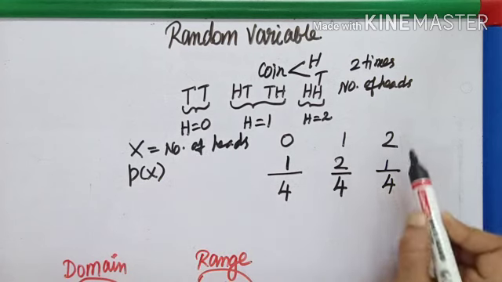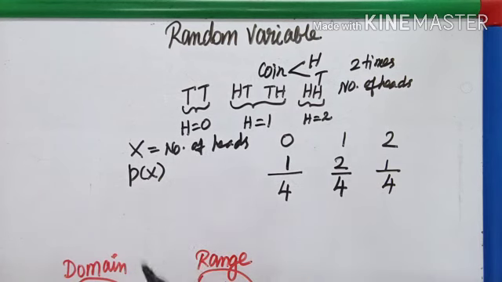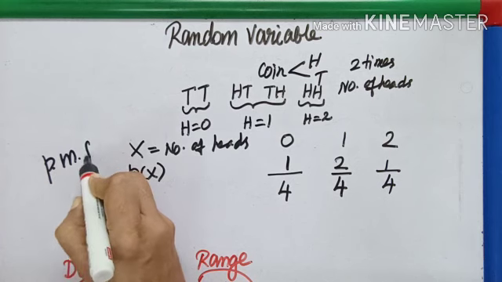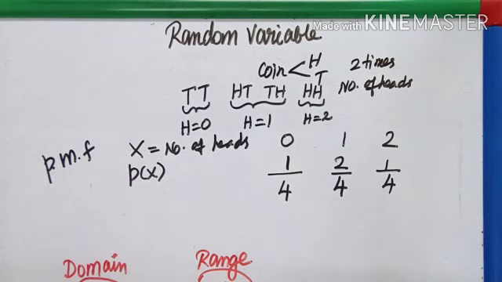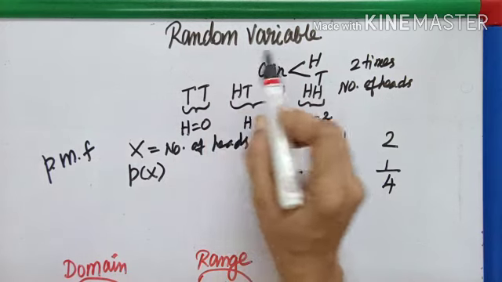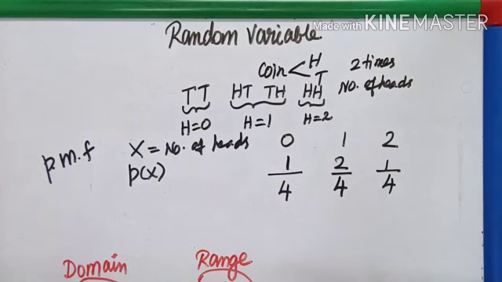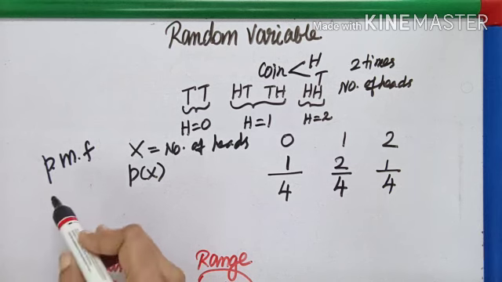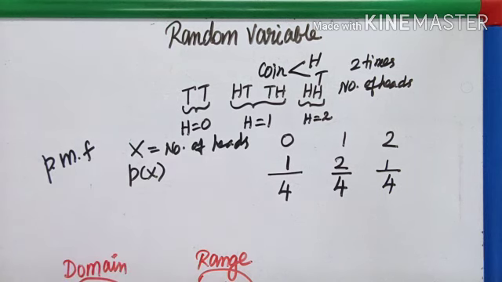Now framing this table we call probability mass function. In short, PMF. So this exercise we are mainly learning about random variable and PMF. This PMF tells me probability mass function.